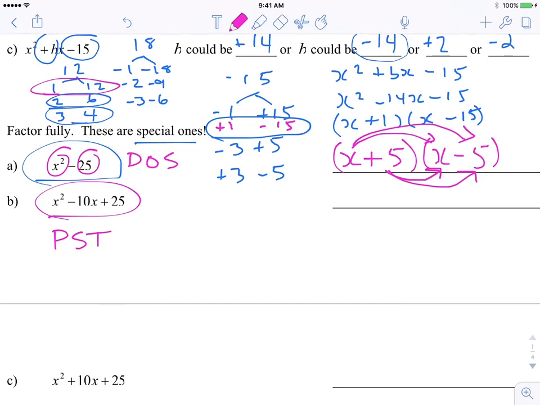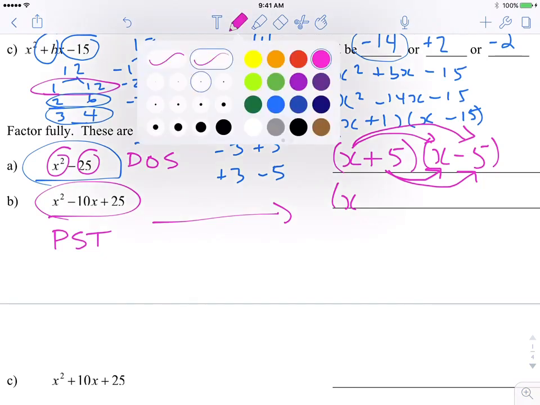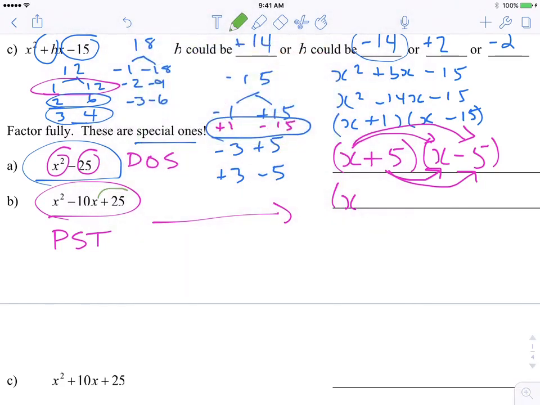The perfect square trinomial, equally easy. Again, I gave you an example above. So we'd have x as the square root of x squared, and our last term is 25. Now notice, I'll use a different color here. Notice that we have a positive 25 and our b value is negative 10. So we're looking for two numbers that multiply to positive 25 and add up to negative 10.